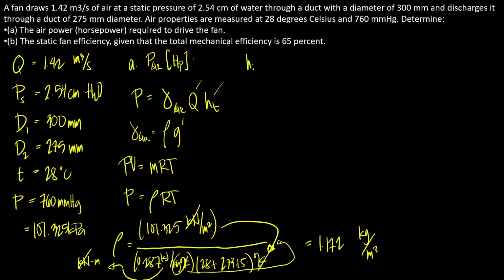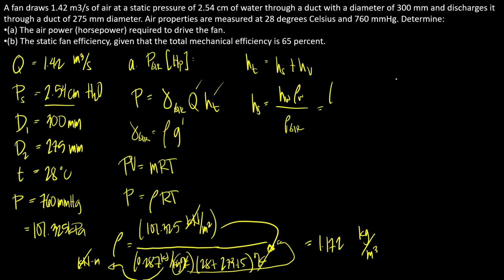So we know that HT is just equal to HS plus HV. We have HS equal to the head of water multiplied by the density of water over the density of air. The head of water is just 2.54 cm H2O, because if the water experiences this type of pressure, it would have a head of 2.54 cm.